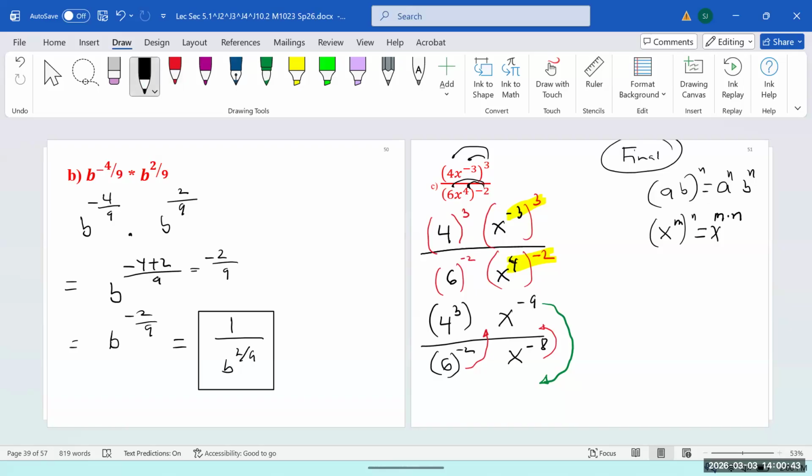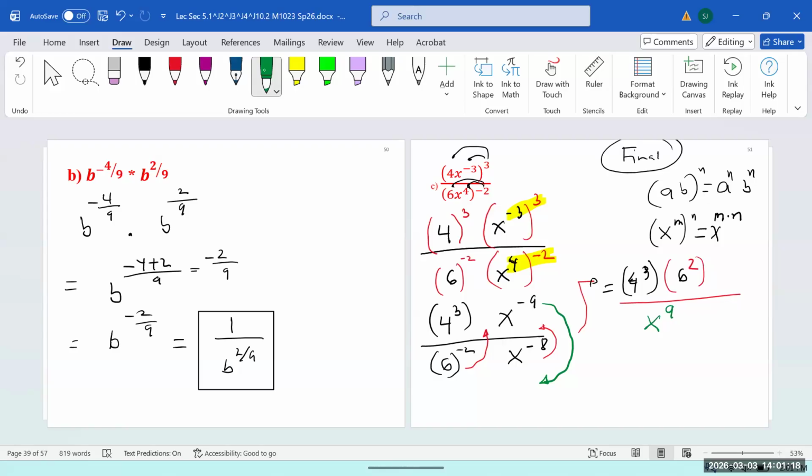So after switching all these things, 4 with the 3 doesn't have any problem, so keep it. From the denominator, 6 has a problem, so we bring it up, and the 2 power turns into positive from negative. Now the numerator x to the 9 has a problem, so we move it downstairs, and it becomes positive 9.